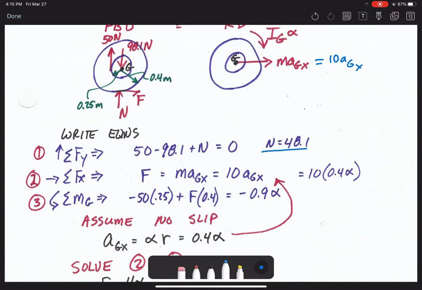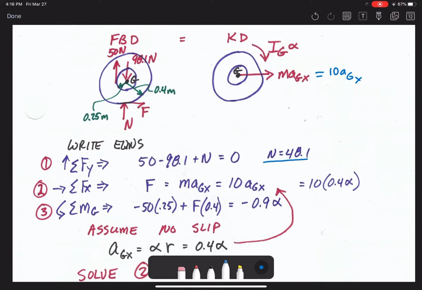So you have the force 50 Newton, and it creates a clockwise moment about G. So that is negative, because we assume counterclockwise positive. And then the friction force is also counterclockwise about G. See that? And the moment arm is 0.4.